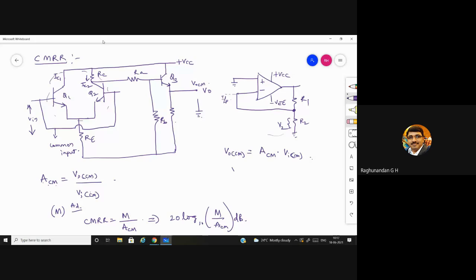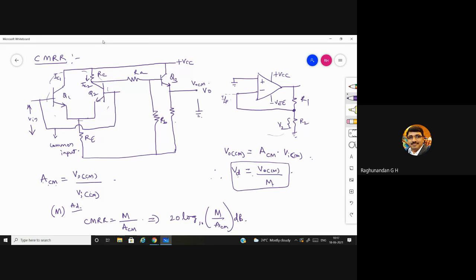When you consider the differential voltage, the common mode output voltage and the open loop gain, this is given by the formula Vd is equal to V0 CM by M. You should remember this formula. This is the differential voltage: the common mode output divided by the open loop gain.